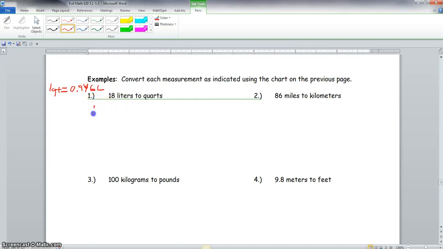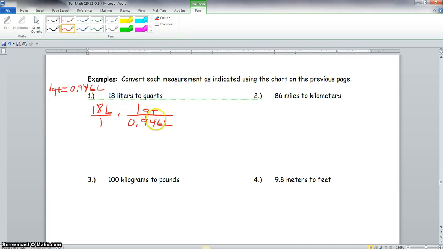So what we would do is this here. We would take our 18 liters, put that over 1, and multiply it by the dimensional analysis. Now, we know that whenever we divide by values that are equal to each other, we're really making 1. Anything multiplied by 1 is itself. So we're trying to get rid of liters. So we will put the liters value in our denominator, and our numerator would be our quart value.